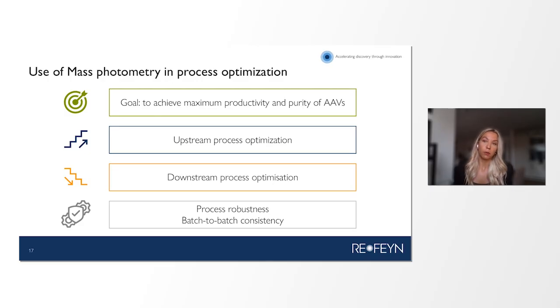In downstream process optimization, it is important to deliver a process that is not expensive by avoiding product losses, but at the same time ensuring that the purity of the product is really high. Once upstream and downstream optimization are completed, we can use mass photometry to assess the process robustness and batch-to-batch consistency.